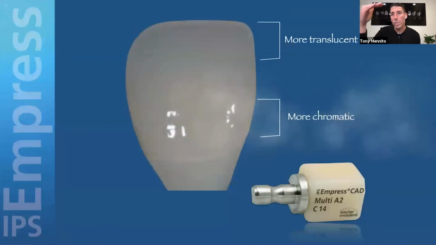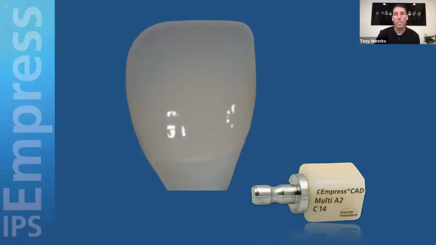Like I said, Empress has this built-in gradient. Basically, you get more translucency in one end of the block and more chroma in the other end. Within your milling system, you can determine where within that block you want to position your restoration. Do you want it more towards the translucent end? Do you want it more towards the chromatic end? It gives you a lot of flexibility and a lot of control over that final restoration.